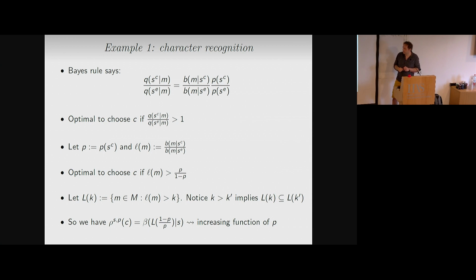Okay. So now I want to understand how often the agent is going to choose C versus E if the true character was C. So let L of K just be the set of messages for which the likelihood ratio is higher than K.